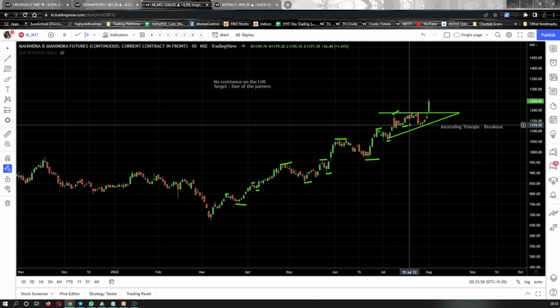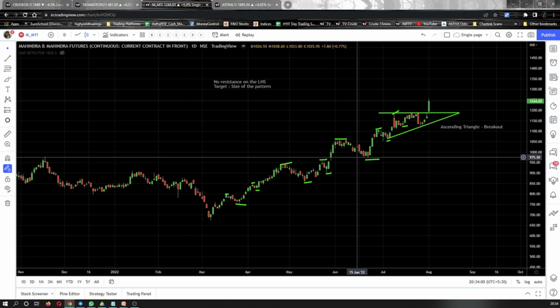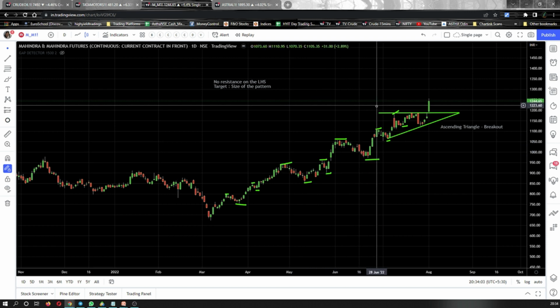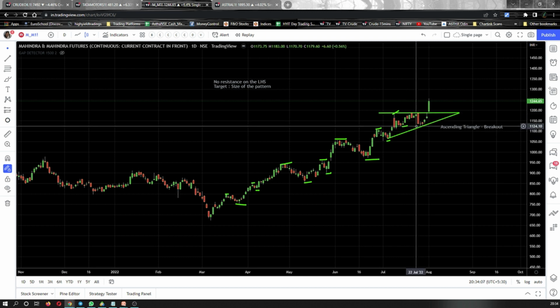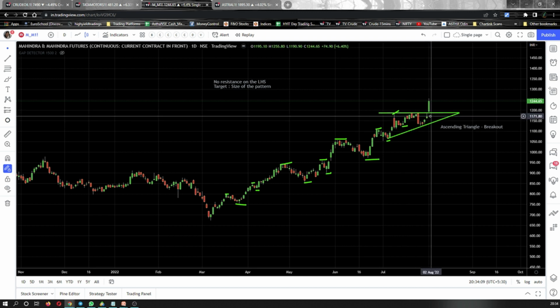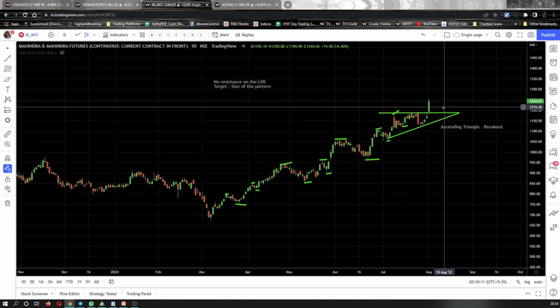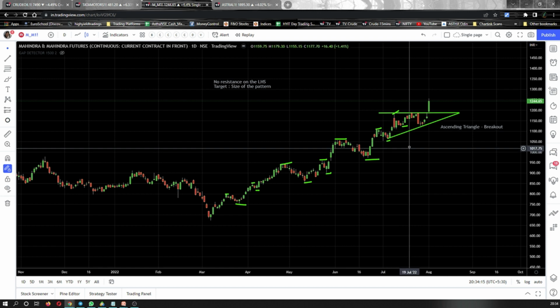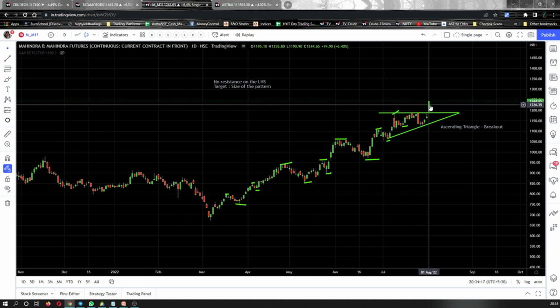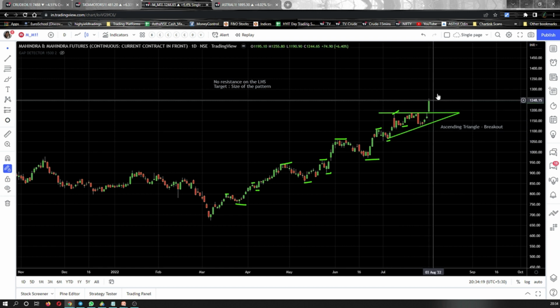So it is considered to be a continuation pattern. If a stock is making higher highs and higher lows, and it is forming the ascending triangle after that, and the upper trend line is breached, then we can expect the stock to be going up further, and that is the exact thing that is happening here, right? So this is the breakout that has happened today, and we can expect the stock to be moving up further.